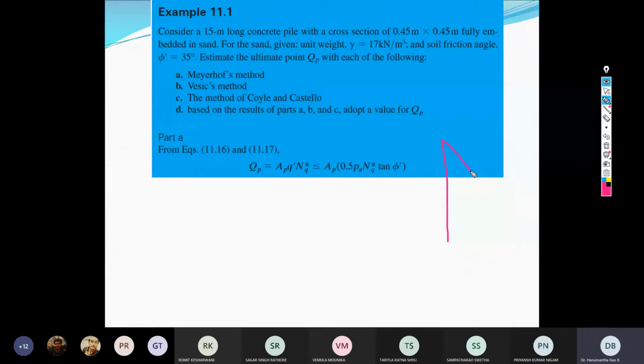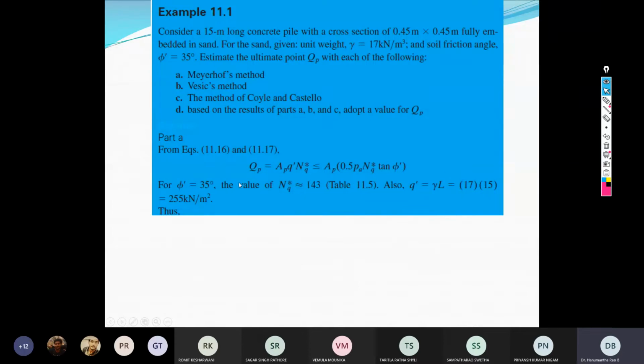The point bearing capacity initially increases, then becomes constant, at approximately 15 or 20 times D. In order to cover this, he has given a limiting value. So Qp shall be less than or equal to Q limited, that is Ap into 0.5 into pA into Nq star into tan phi dash.